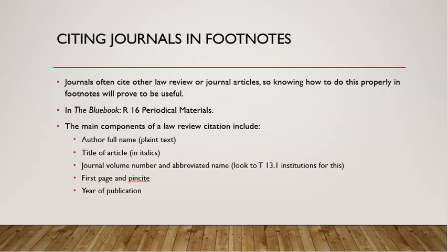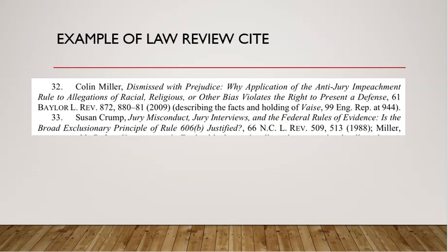The main components of a law review citation include author name in plain text, title of the article in italics, journal volume number and abbreviated name, look to T13-1 for institutions, first page and pin cite, and year of the publication. Here is an example of a couple law review citations from the same DU Law Review article before.